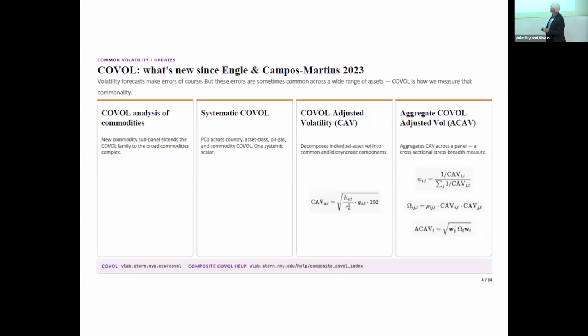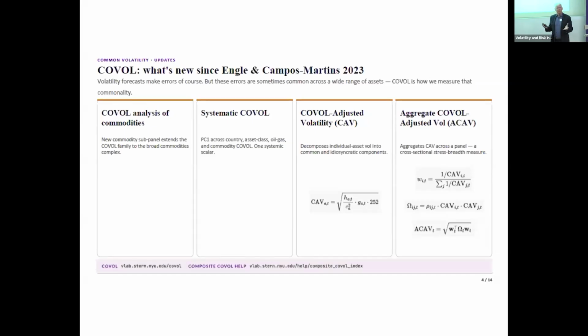So we call that COVOL, and we've done it for countries. We've done it for asset classes within the US. We've done it for oil and gas stocks all over the world. And one of the things we've seen recently is that commodities have very interesting co-movements as well. And so we've now added a new one, which is commodities.